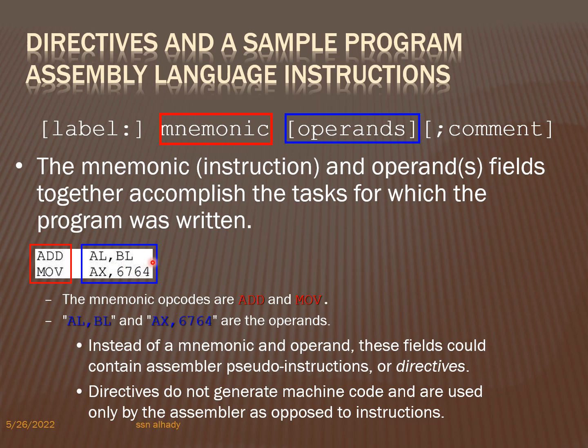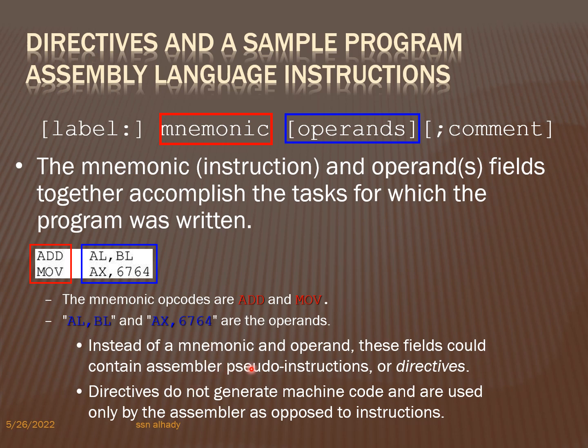ADD AL, BL, where ADD is the mnemonic, AL, BL is the operand. MOV AX, 6764. MOV is the mnemonic, and AX and the immediate data are the operands. Okay, mnemonic codes are ADD and MOV, where AL, BL, AX, and the immediate number are the operands.